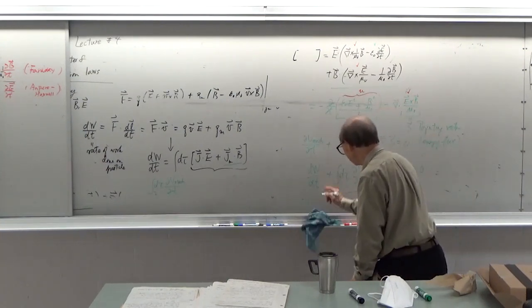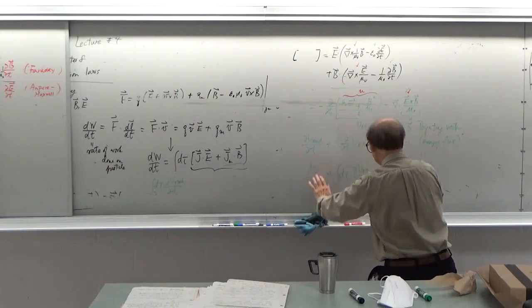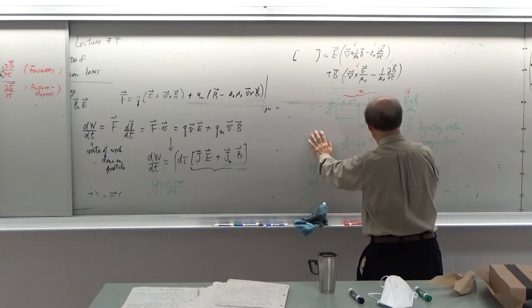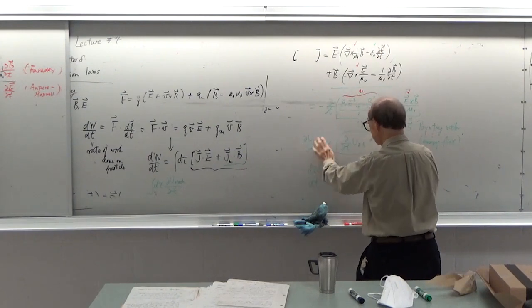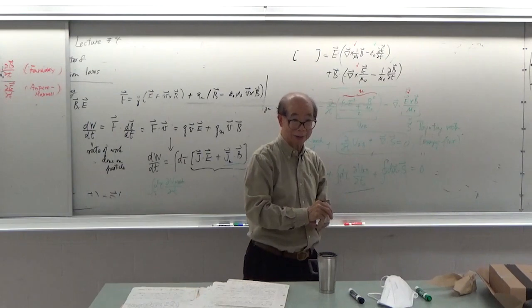And if dW by dt is 0, that means the mechanical energy change is 0, then you will have this. And this looks familiar in form.